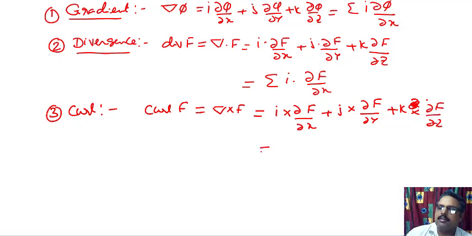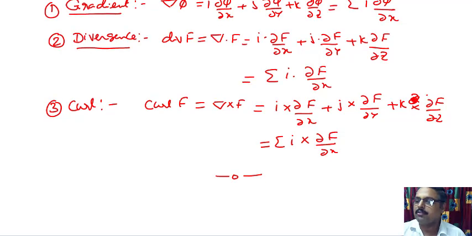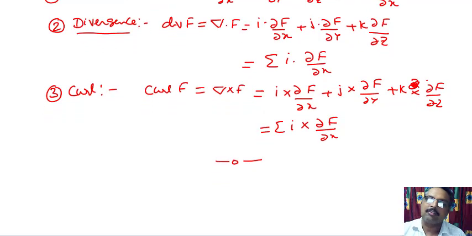Now simply this can be written as sigma i cross dou f by dou x. So we just recalled the definitions of gradient, curl and divergence. Then we will discuss the vector identities using these three concepts.